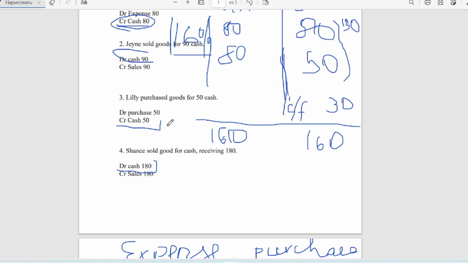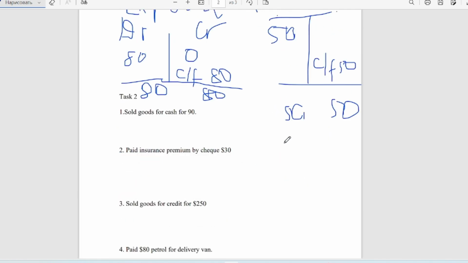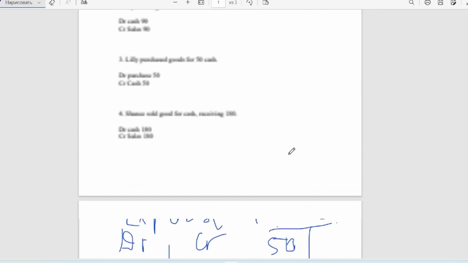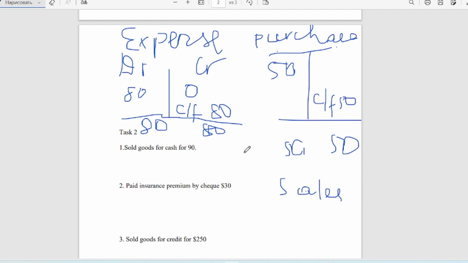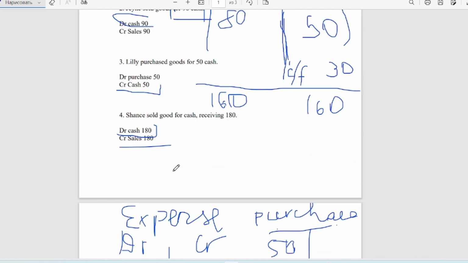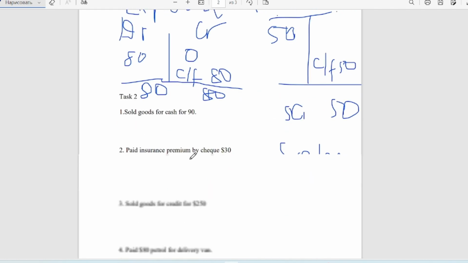And we have sales. Let's open sales account. Here on credit side 180. And here, again credit side, it is 90.